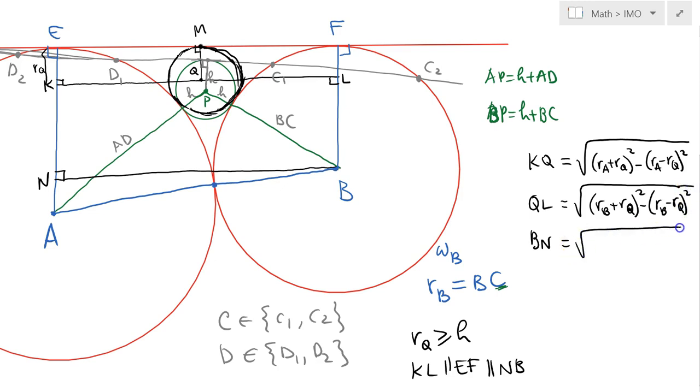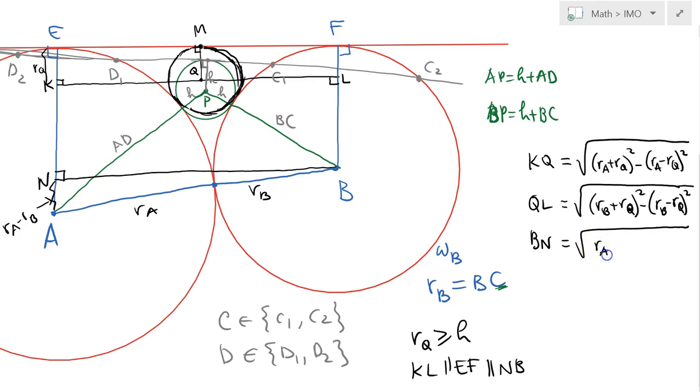Finally, BN, if we focus on the right triangle with A and B, the distance here is just RA minus RB, and the hypotenuse is RA plus RB.